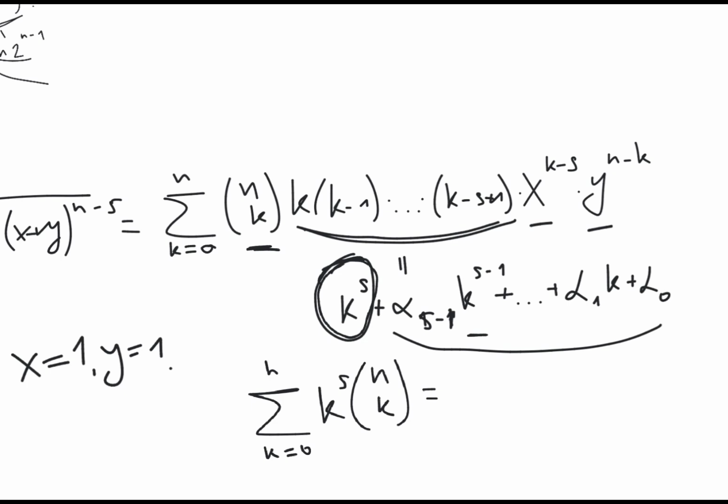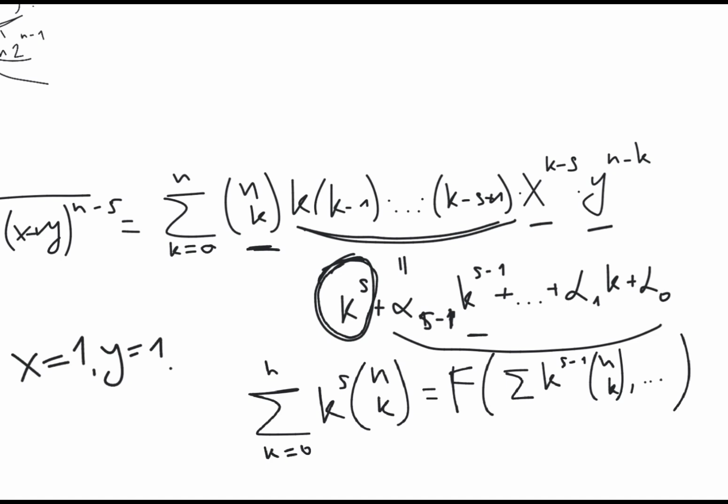So it would be a certain function of all the previous sums, k to the power s minus 1 and k, and so on, all the sums with lower powers for k. So this is a sort of recurrent relationship.